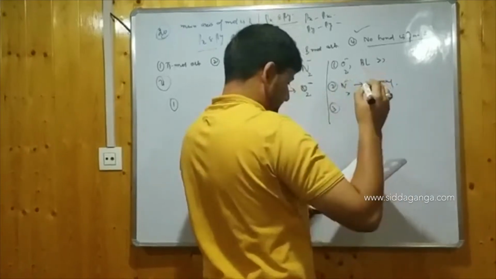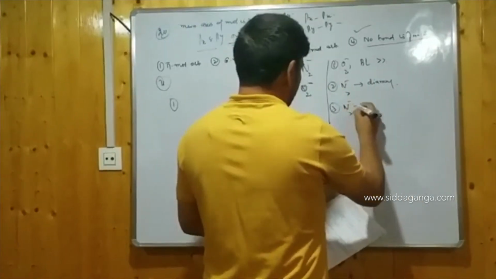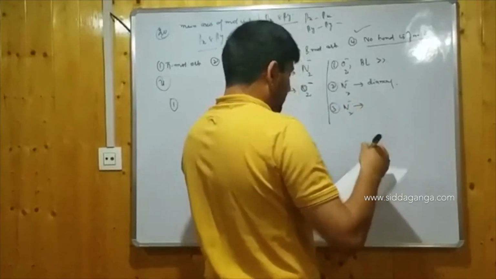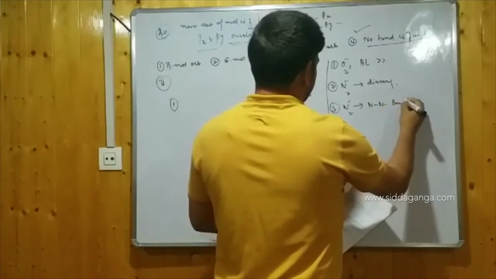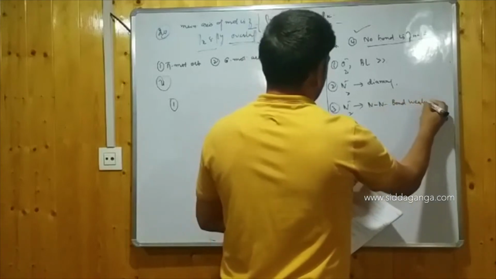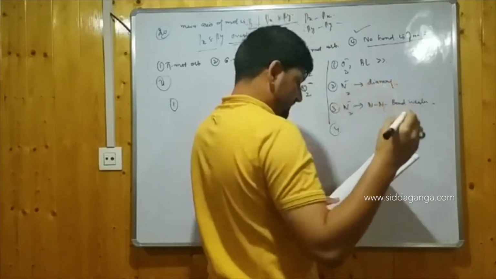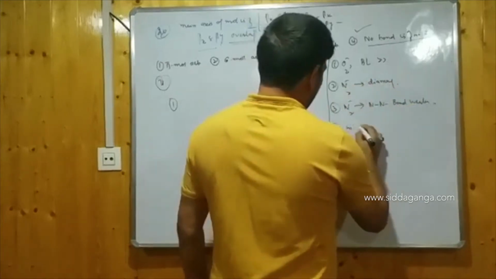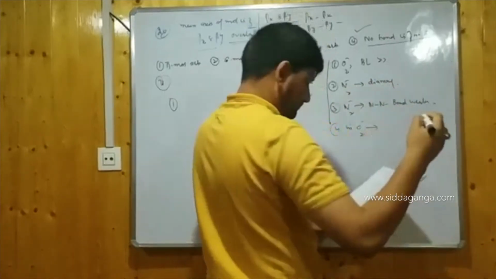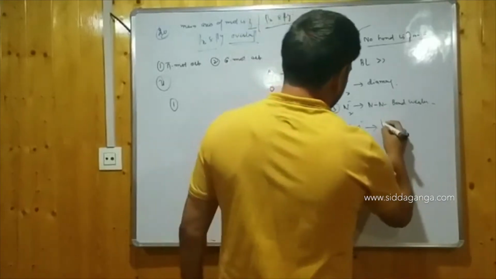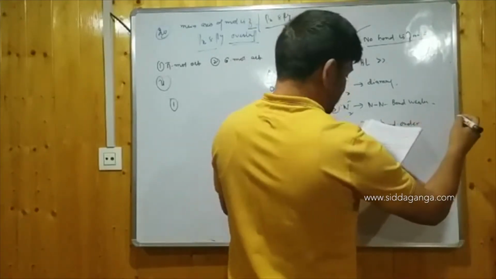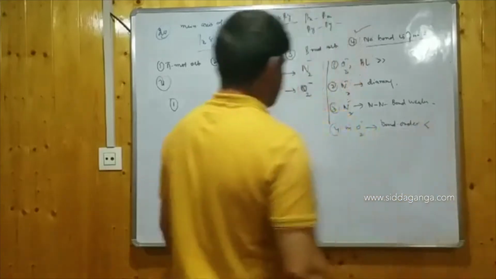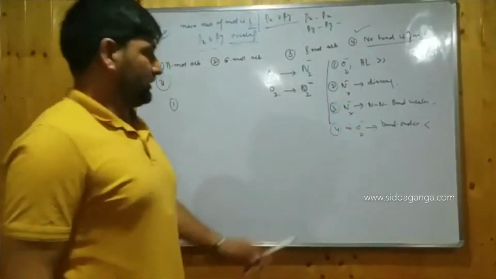Third option is, in N2 minus, NN bond weakens. And fourth one is, in O2 minus, bond order decreases. Our question is, which of the following?